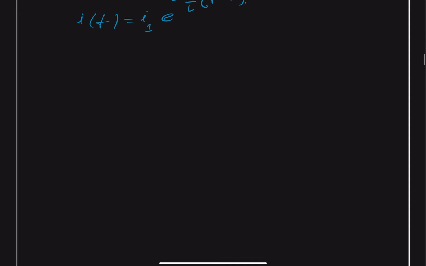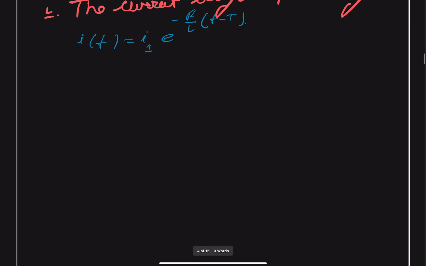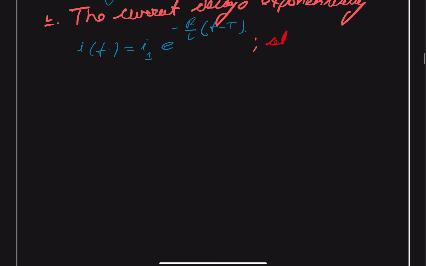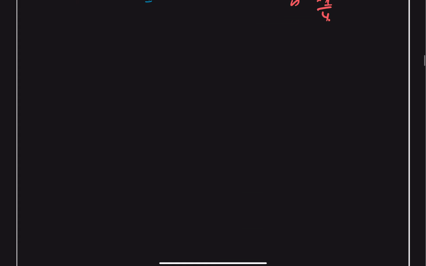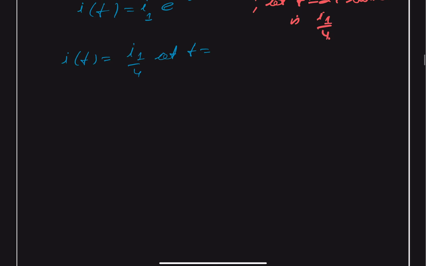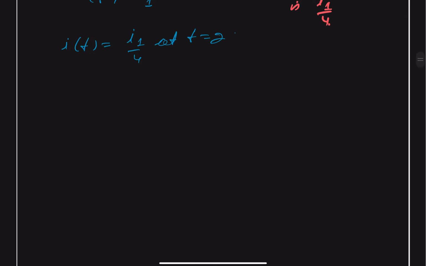And it is given that at t is equal to 2T, the current is I1 by 4. So we substitute the value.